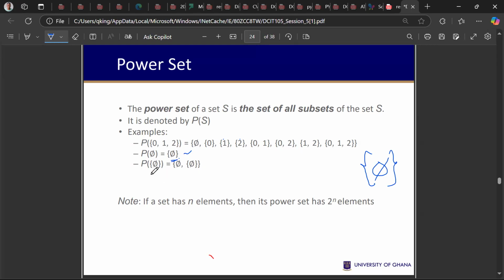And then we also have a singleton set here. The power set of a singleton set: like I said initially, it contains an element. And so we first of all bring the null set, and then the set containing that element.